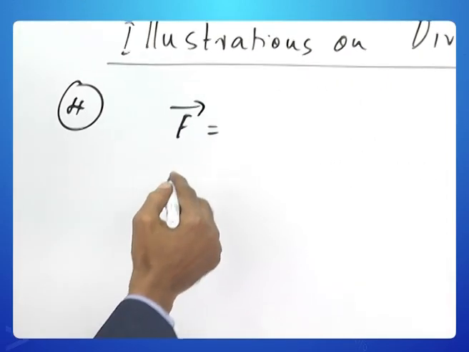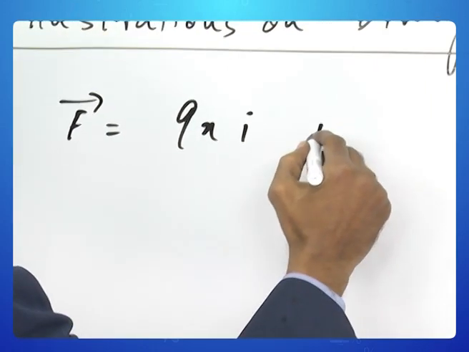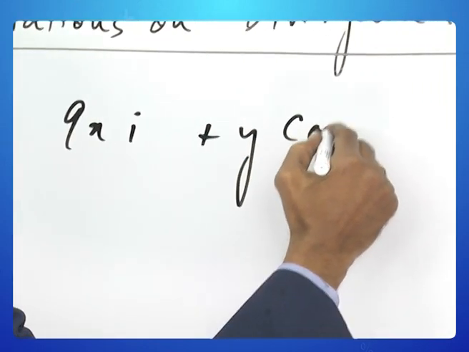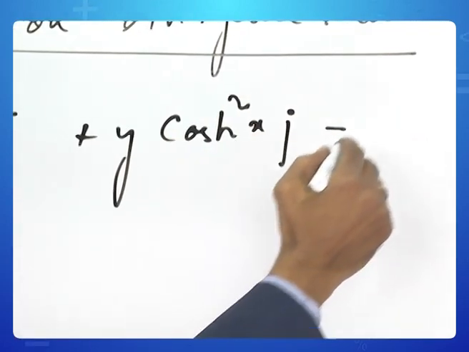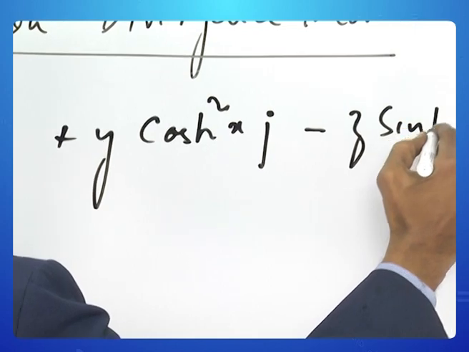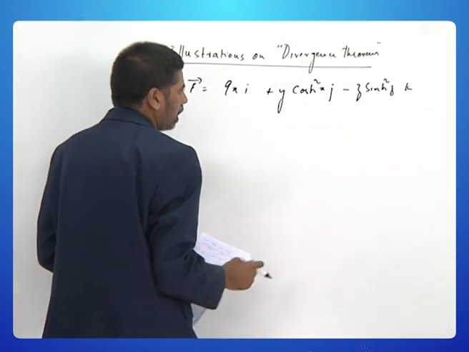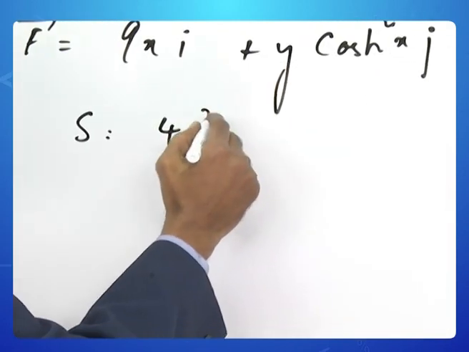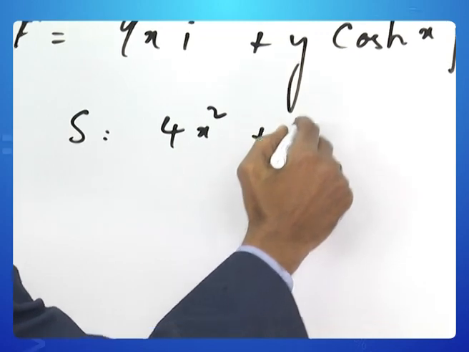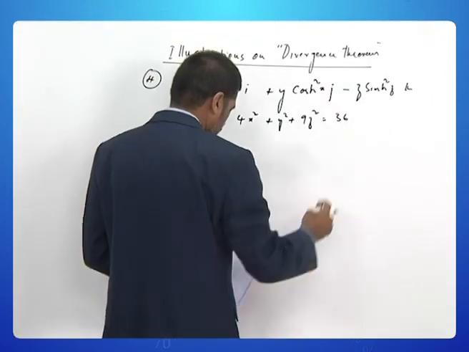So first extract the field: 9x i plus y cos hyperbolic square x j minus z sin hyperbolic square x k, and S is the ellipsoid 4x squared plus y squared plus 9z squared is equal to 36.